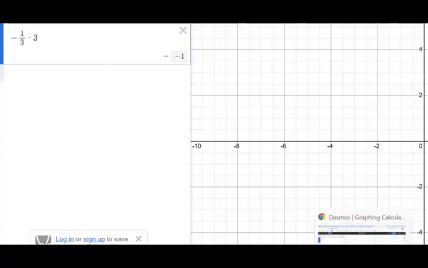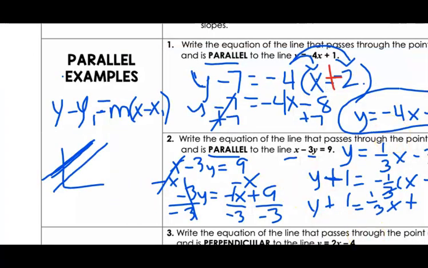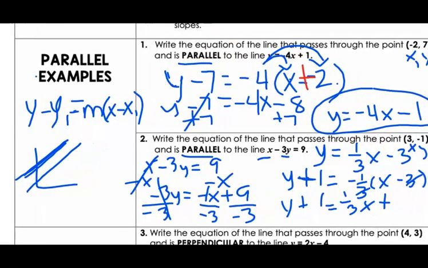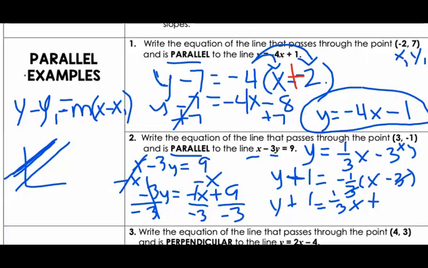All right, so let's move this over this way. Wait, negative 1/3. Oh, it's negative 3. Okay, so negative 1. All right, and that's our answer, minus 1 here.